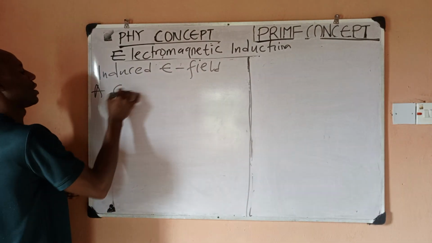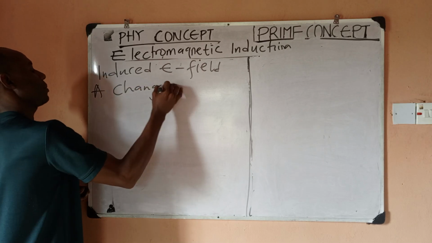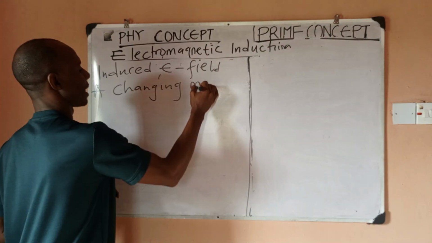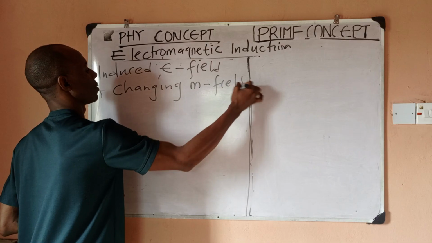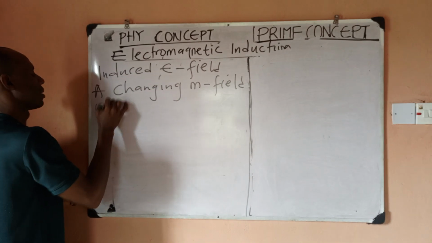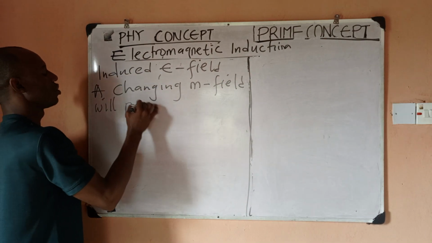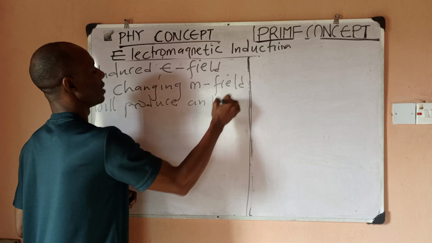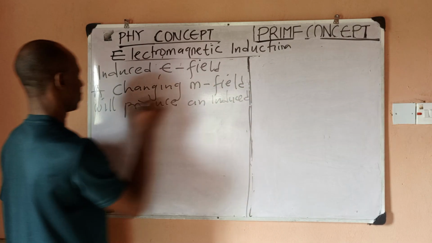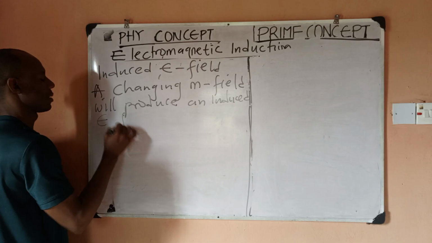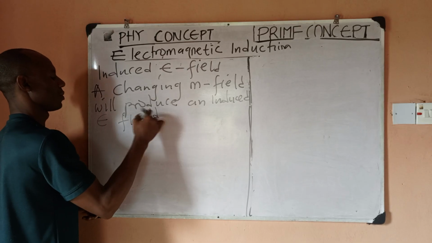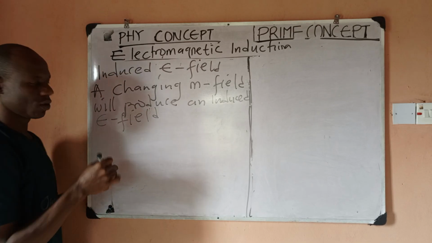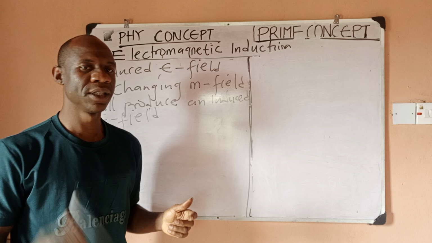So a changing magnetic field will produce an induced electric field, right?